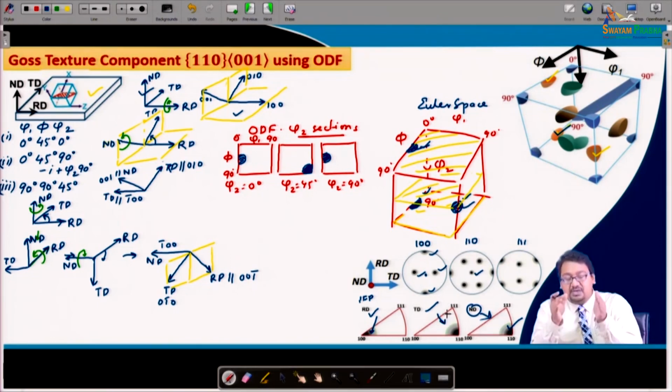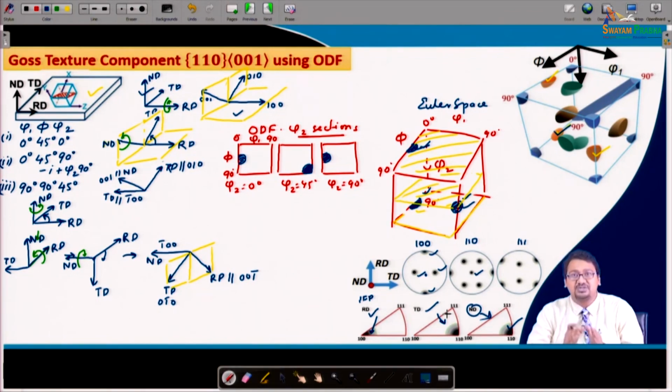So, we see that one can relate the inverse pole figure and the Euler space, and find out the position of various texture components. Of course, these are easier ones, by simple rotation using the geometry of the sample axis and the crystal axis.